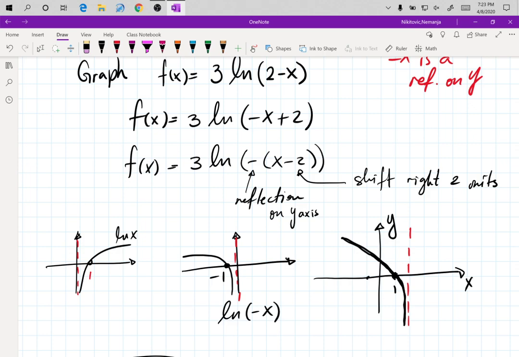And now we are shifting everything 2 units to the right. So this did move 2 units to the right, because it used to be here, and from -1 to 0 is 1 unit, and then another unit, so it is 2 units between -1 and 1. And the asymptote, which used to be on the y-axis, also moved 2 units to x equals 2.